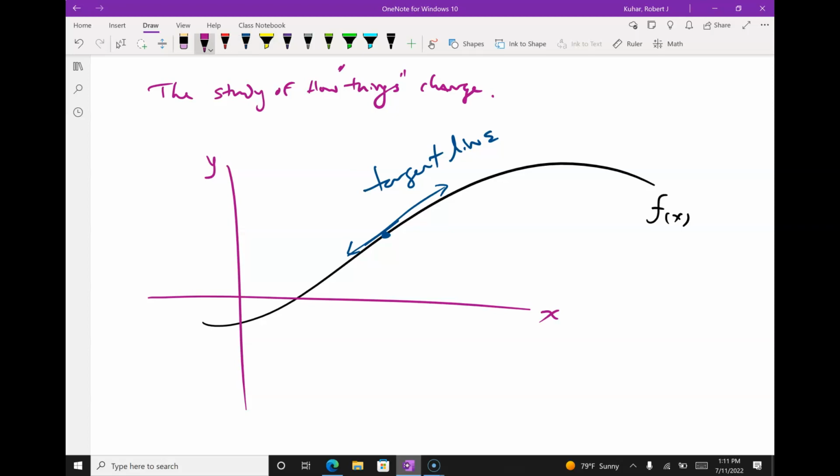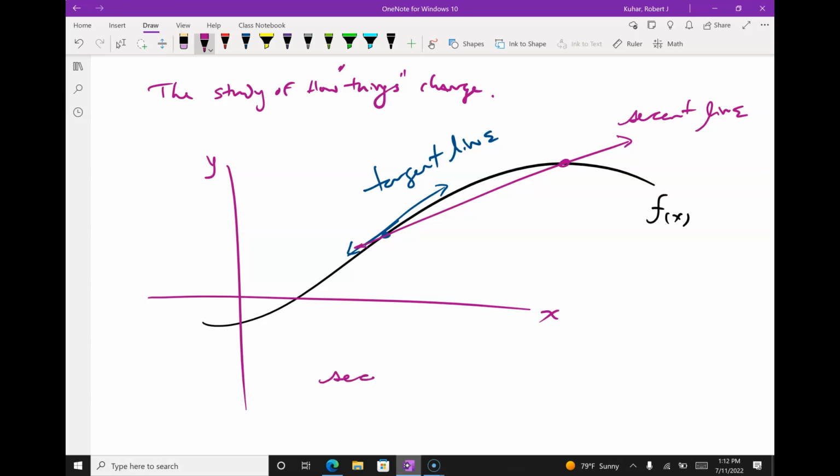And then, of course, we could have a secant line. And that's the one that we've been doing all along. We know how to calculate the slope of a line given 2 points. We're about to learn how to calculate the slope of a line given 1 point. And the process is very, very similar to what we did when we calculated the slope of a line with 2 points.